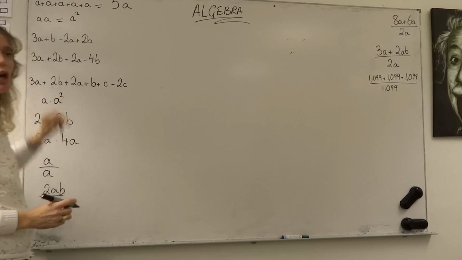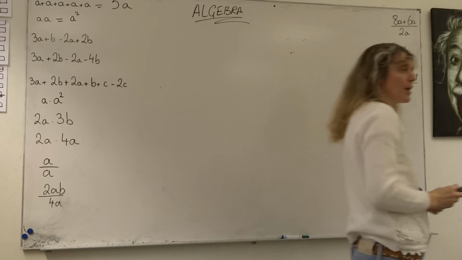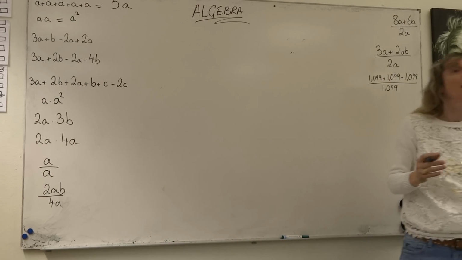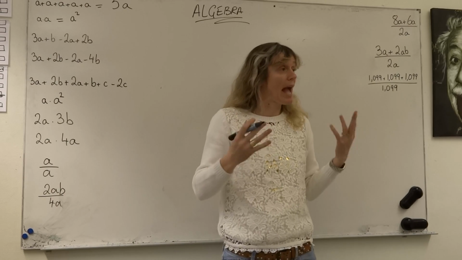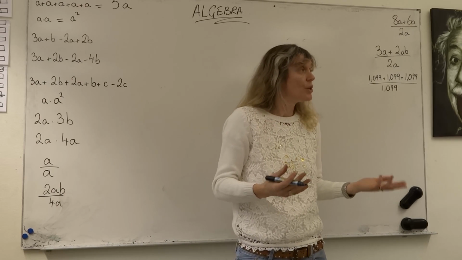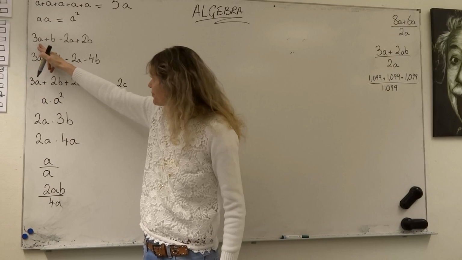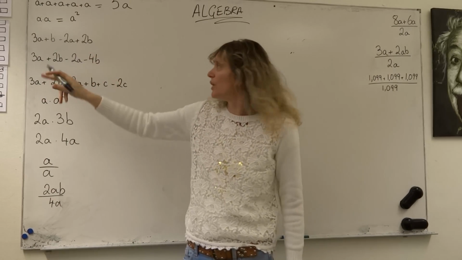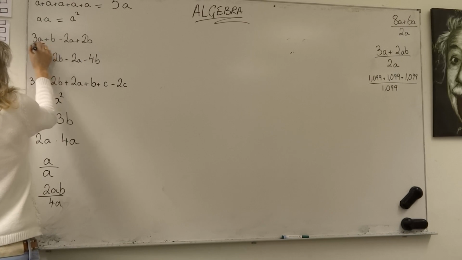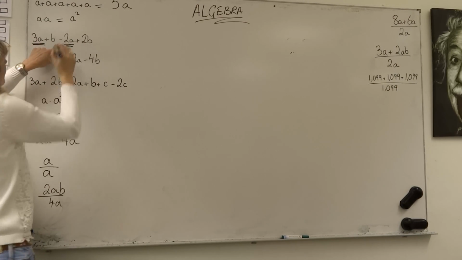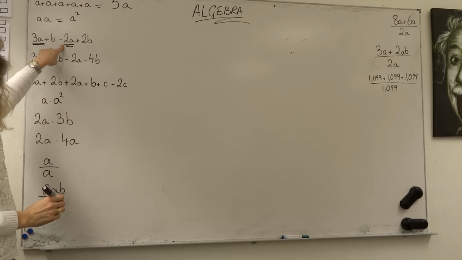What do we do when we've got a string of lots of different numbers? Well, we try and simplify them by putting all the letters that are the same together. Think of them as being apples and bananas. So if we were going to add apples and bananas, we'd look at how many apples do we have? Well, we have 3 A's here, 3 apples, and Fiona came along and ate 2 of them.